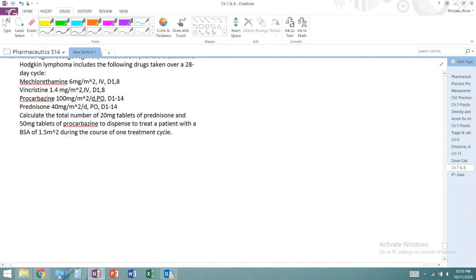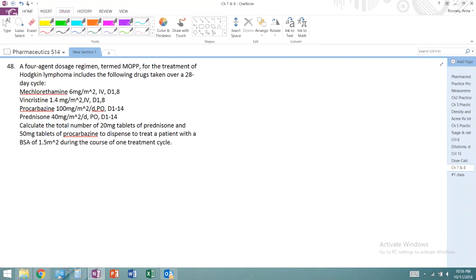Getting close to the end, my friends. Now this one, I worked head on. We don't need to know a 4-agent dose regimen, termed MOPP, for the treatment of Hodgkin's lymphoma includes drugs taken over a 28-day cycle.